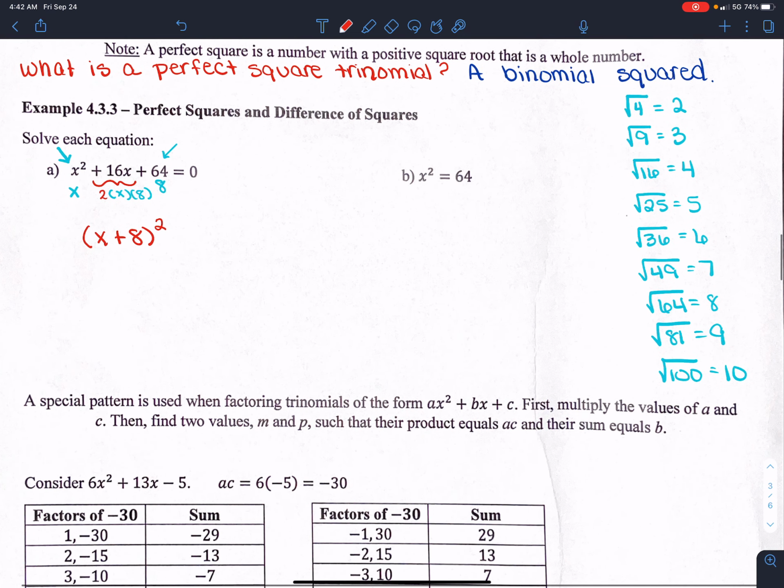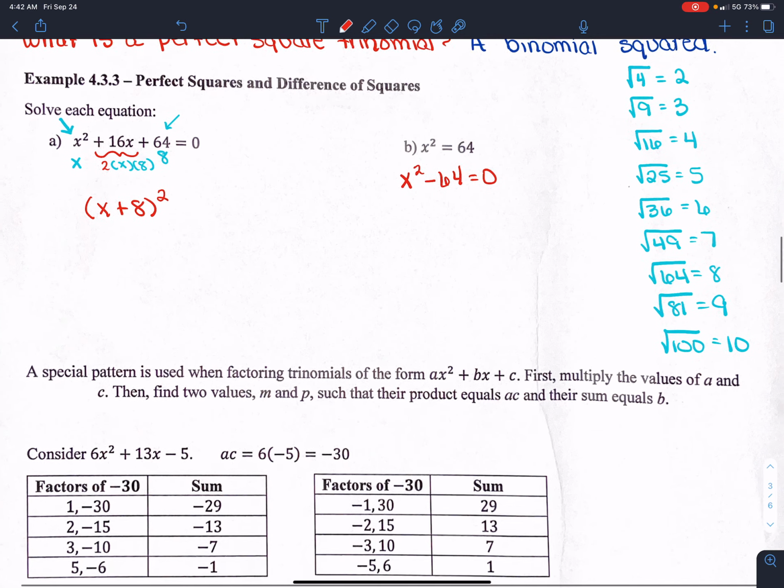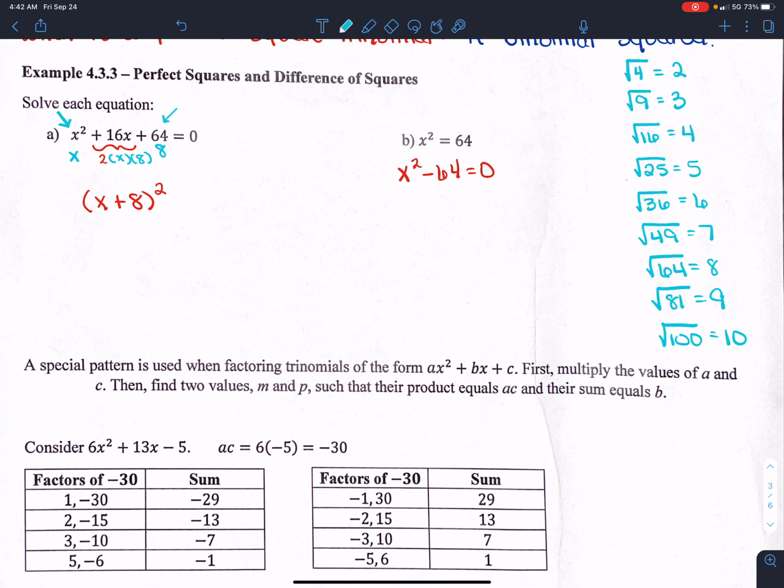Looking at b, this time we have to first get it set equal to 0. So we have x squared minus 64 equals 0. Looking at the first term, can we take the square root of that? Yes, it is x. Looking at the constant term, can we take its square root?